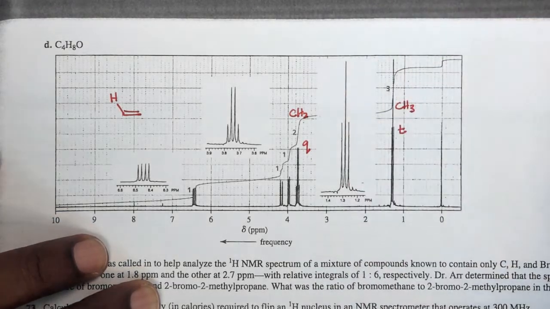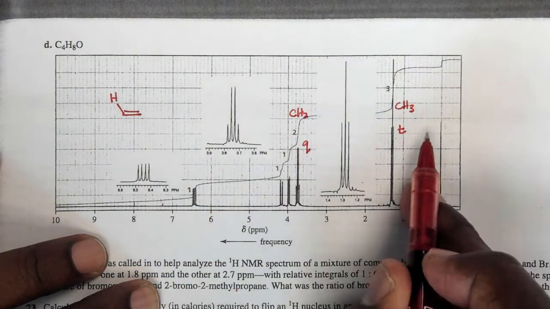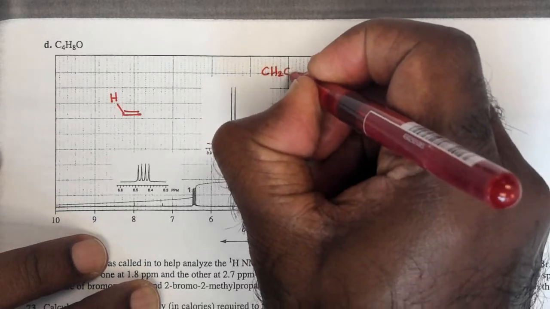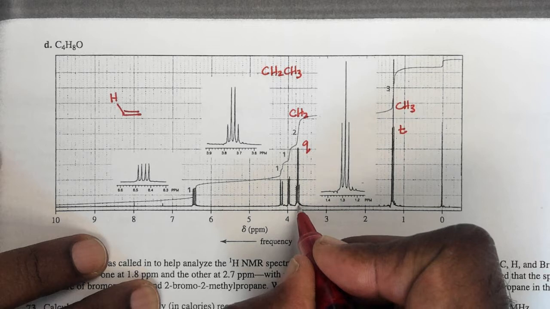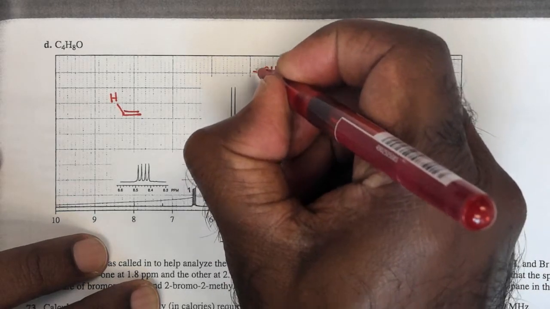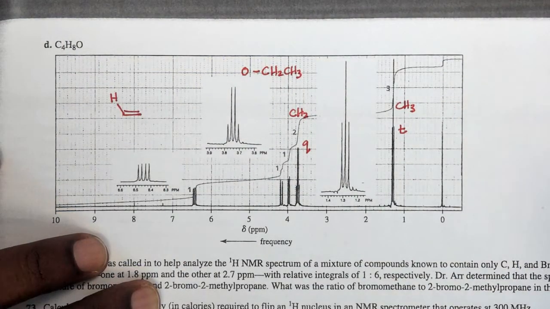It's probably a CH3, and it's a typical quartet and triplet for a CH2CH3 pattern that we've seen so many times before. And the fact that this is de-shielded must mean that it's next to an electronegative atom. The only electronegative atom I have in the molecular formula is oxygen.